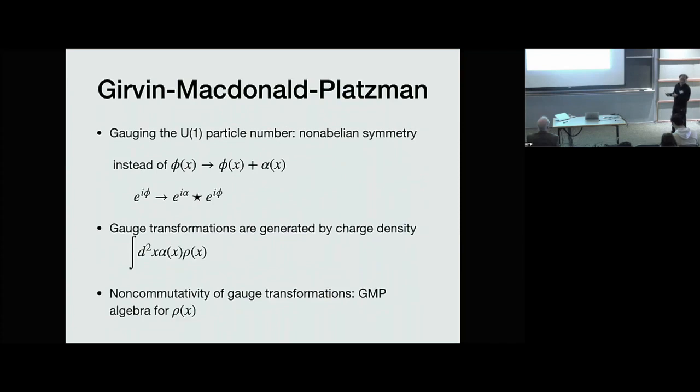One can derive from this theory the exact GMP algebra. If we write the theory with the exact Moyal star product, we can convince ourselves by a general argument that the density that comes out from this theory commutes in a way that is exactly the GMP algebra. Okay, thanks.